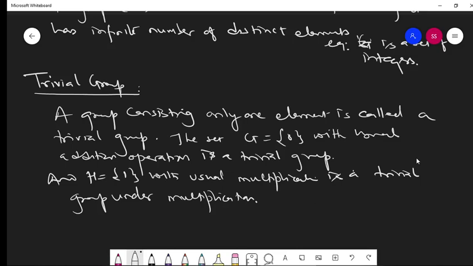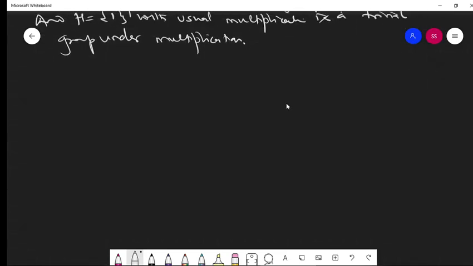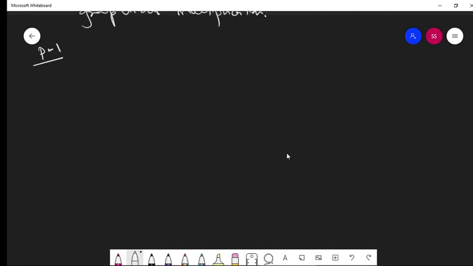I have given that. Now moving to the next part, the questions, problem number 1, P1. It will be clear from some examples as well.